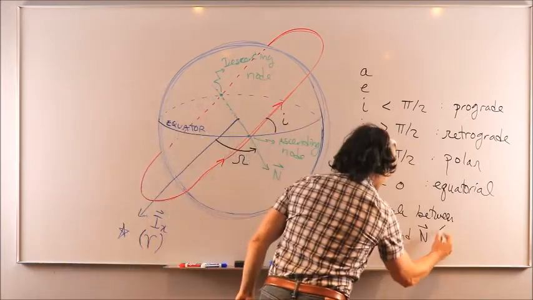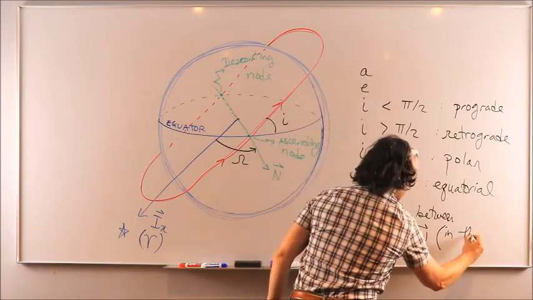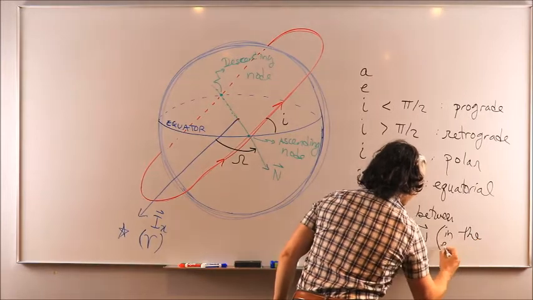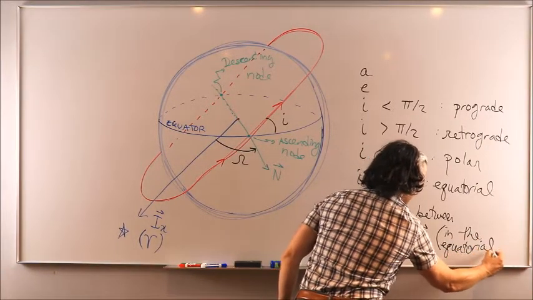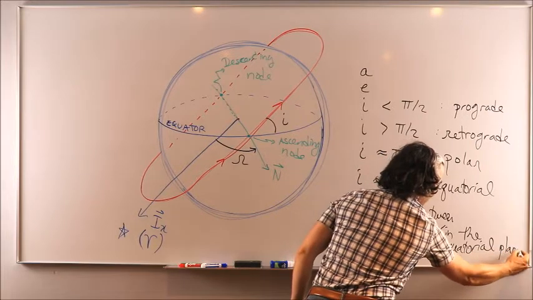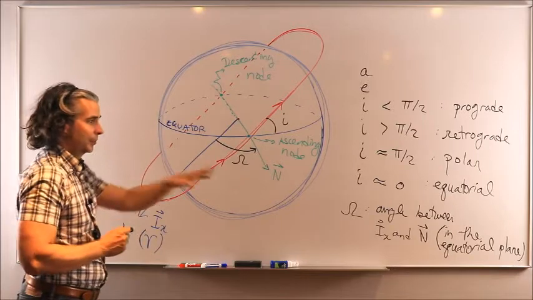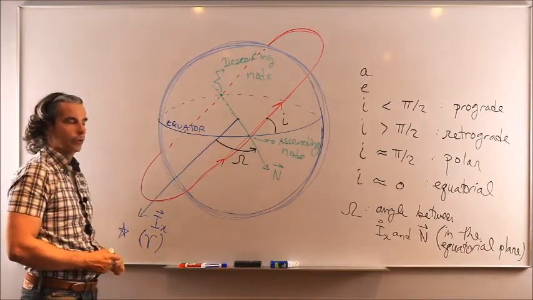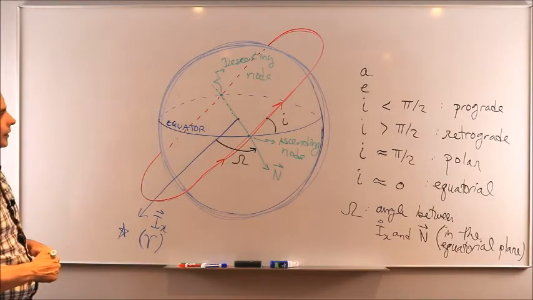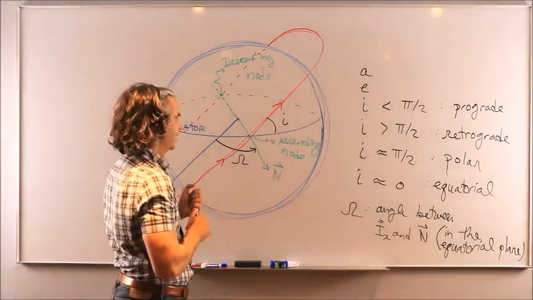I'm going to say in parentheses that this angle is in the equatorial plane. All right? And the reason why I'm specifying it is because it gets very cluttered and it might be difficult to visualize this in 3D, especially with my superior drawing skills, right?